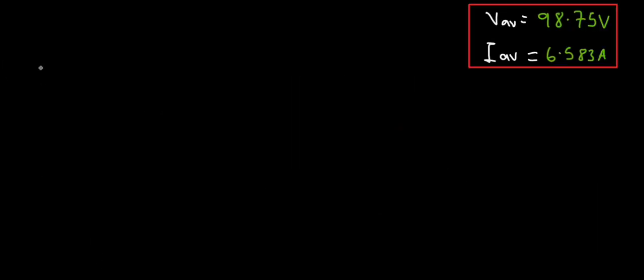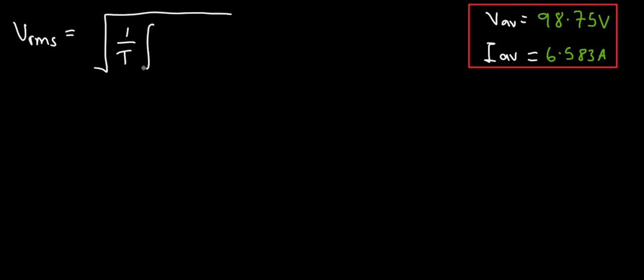So the next thing is to find our VRMS. The expression for VRMS is the square root of 1 over T integral from 0 to T on of Vs squared dt.